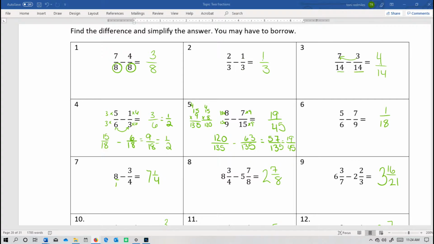All right. So that last one, let's go ahead and multiply the 6 and the 9, and it's going to be 54. So that means I times both the top by 9, and I times the top and the bottom by 6 over here. Because 9 times 6 gives me 54, 9 times 5 gives me 45, 9 times 6 gives me the 54, and 6 times 7 gives me 42.